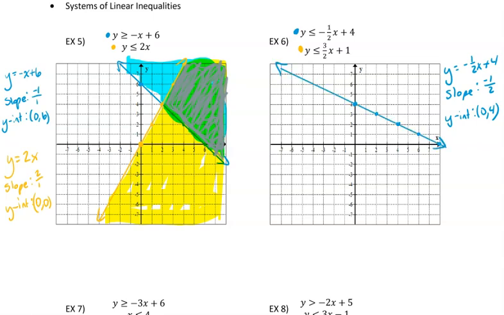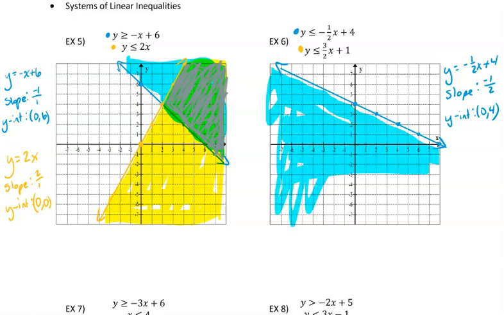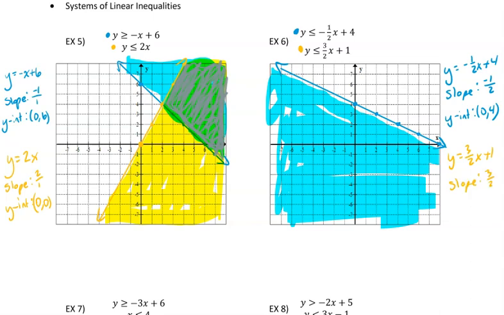Then once we have that line drawn, this one's less than or equal to, so we are going to shade everything below this line. Then we move on to the next one. So the next one, y equals 3/2 x plus 1. Our slope is 3/2.